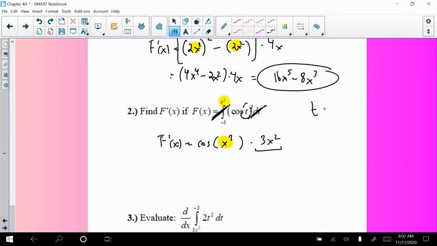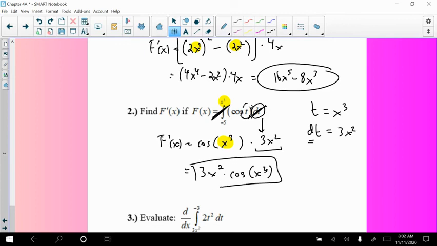Like our t is equal to x cubed. So the derivative of t is equal to 3x squared. And think about that dt is right there, right? The derivative of t is 3x squared. So if that helps you, process that and get used to this new thought about the second fundamental theorem.